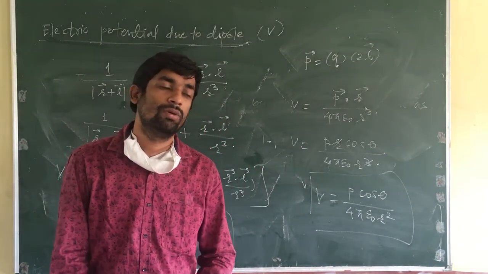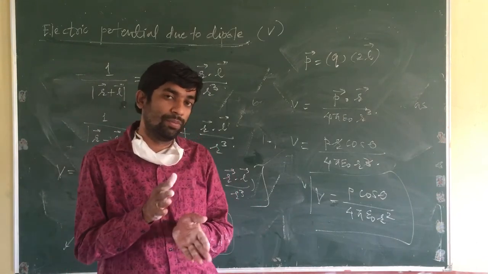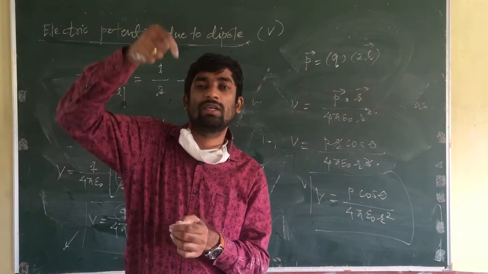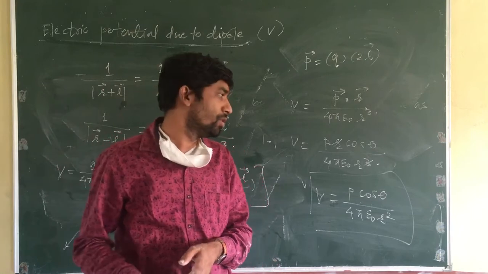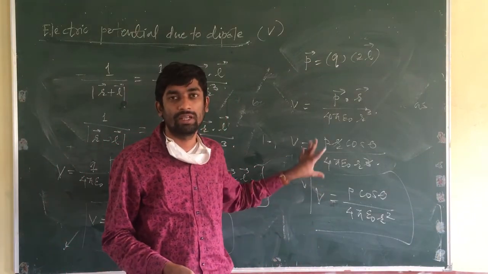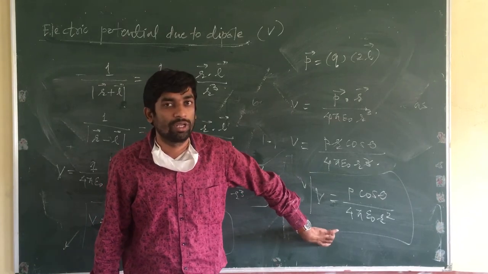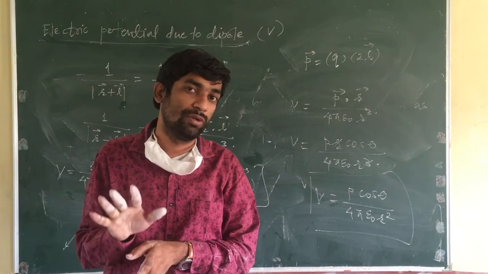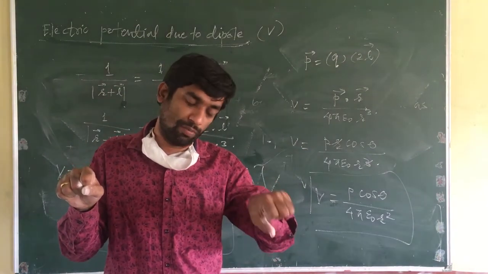Okay, so if the point lies at a different position, what will be the potential? If it is along the axial line, or along the equatorial line, what will be the potential? That we have to calculate in the next lecture. But in this lecture, first we have to calculate the potential due to the positive charge.